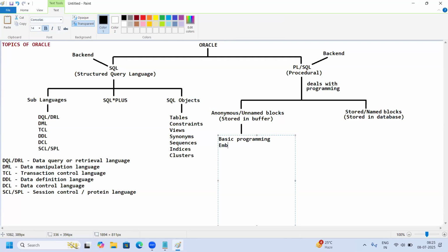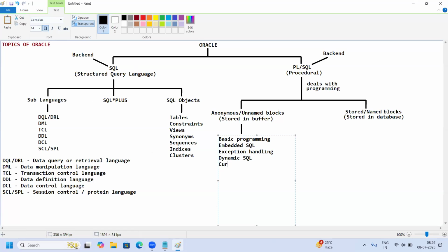Then we'll study embedded SQL, then exception handling, and then dynamic SQL. But for embedded SQL and dynamic SQL, you should first be very clear on this SQL part. Then only can we implement embedded and dynamic SQL through coding.